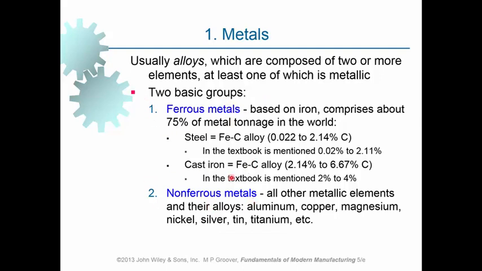However, non-ferrous metals are not susceptible to corrosion, and in many cases their density and weight is less than that of ferrous metals. And because of this, for certain applications, we've got to go for non-ferrous metals and alloys rather than the ferrous metals and alloys.